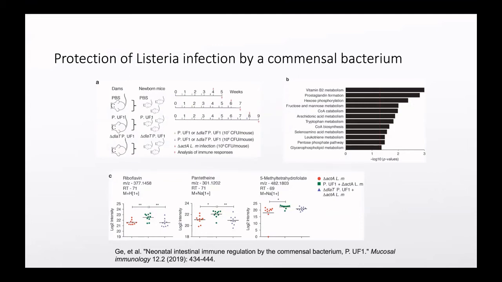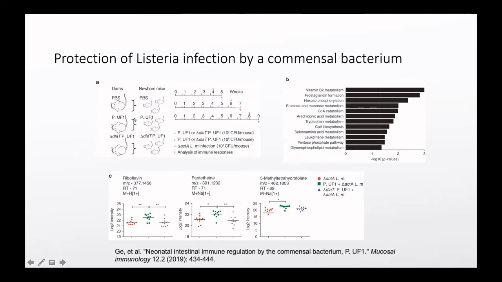We used that for more molecular phenotyping. A lot of people ask, which metabolites are produced by which bacteria species in the microbiome? Again, this is a wide open field, so we know very little about it. One way to approach the question is to add bacteria to mice, one species at a time. In this particular case, we added this UF1 bacterium to neonatal mice.